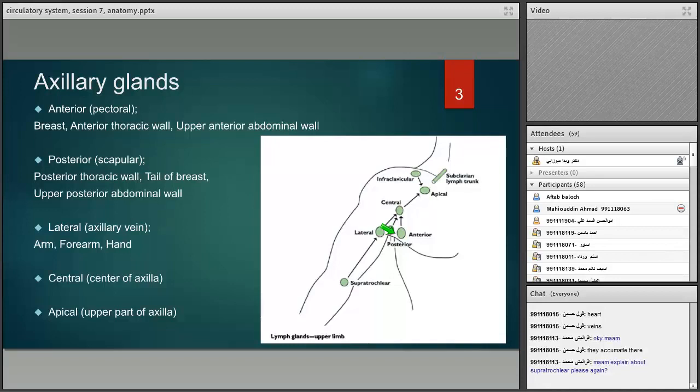The supratrochlear gland is placed in the cubital space, in the cubital space and receiving the lymph from the forearm and hand. Okay, from these sides and hand, and then drain the lymph into the lateral group of the axilla.